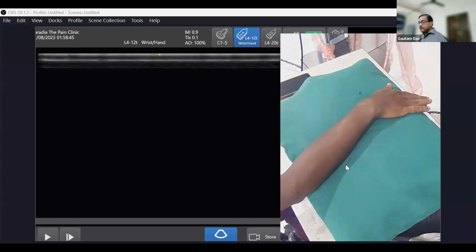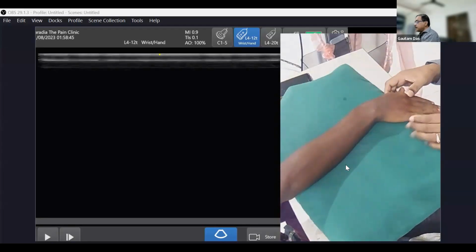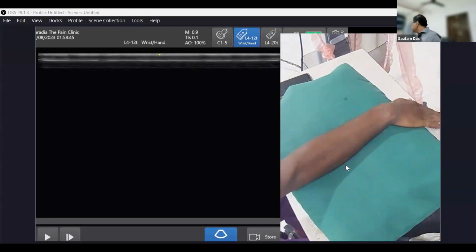I'll start with the dorsal compartments. So here, the best to examine with is either a hockey stick probe or the high frequency linear probe.